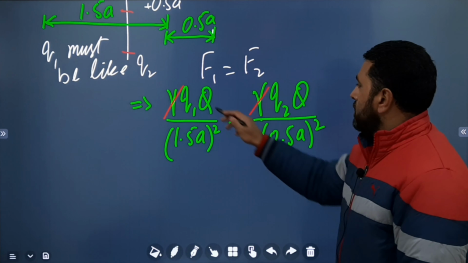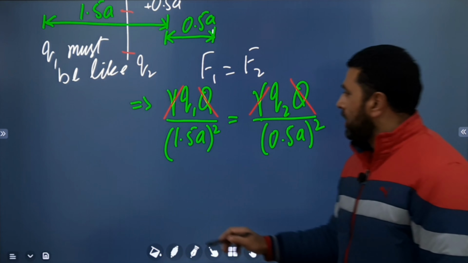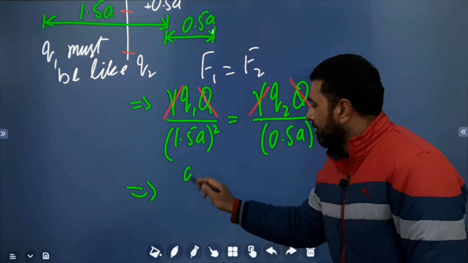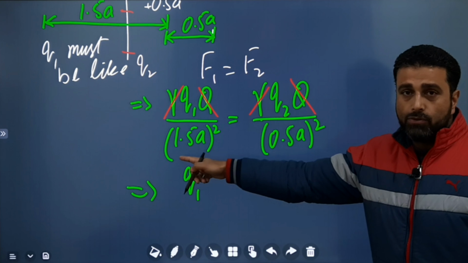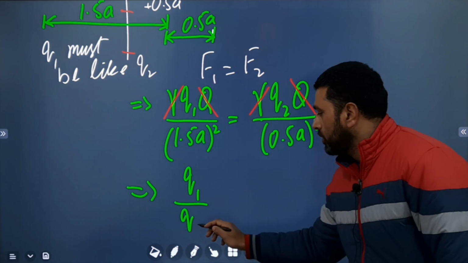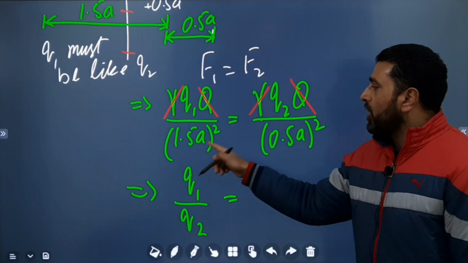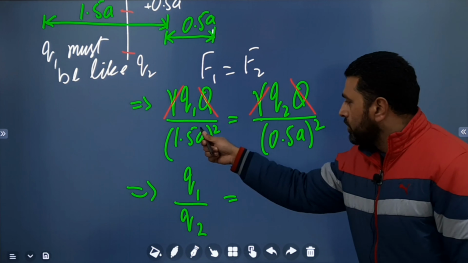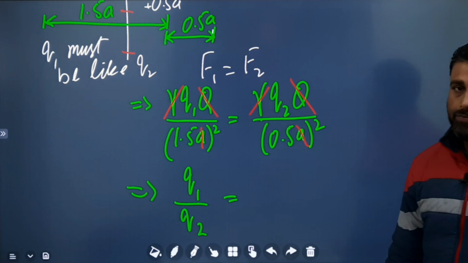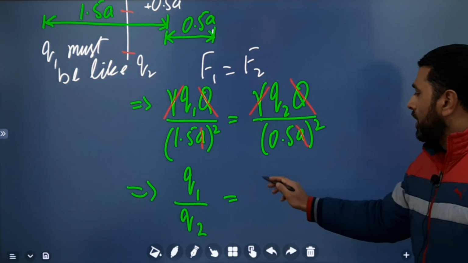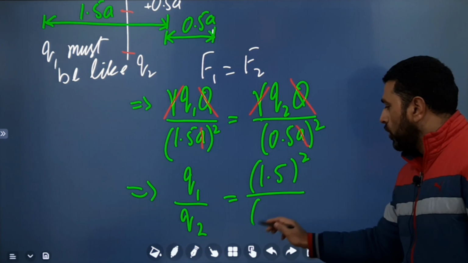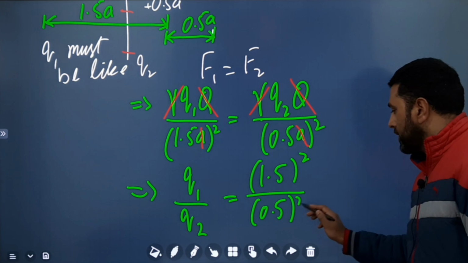Gamma cancels out, capital Q cancels out, so we're left with Q1 here. Q2 will go downstairs here. Q2 is equal to (1.5 A) squared will go upstairs here. A will also cancel out, A squared and A squared. So 1.5 squared upstairs, divided by 0.5 squared.